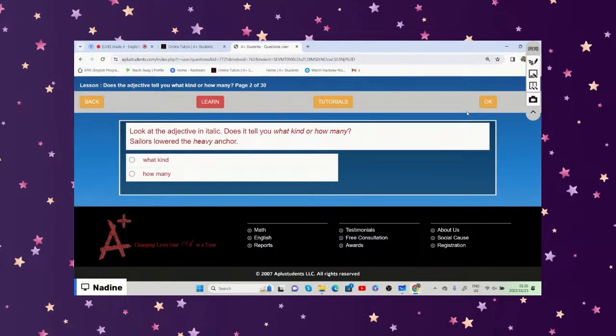Now look at the adjectives in italics. We need to say if it tells us what kind or how many. Sailors lowered their heavy anchor.